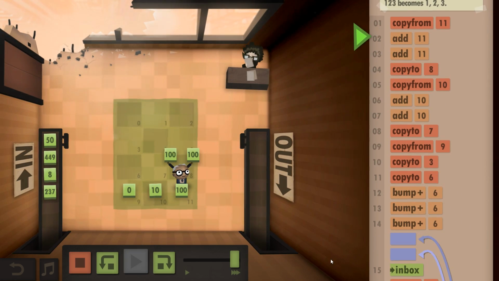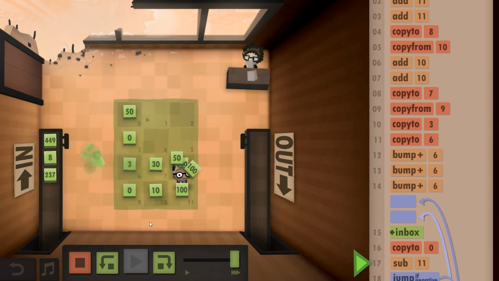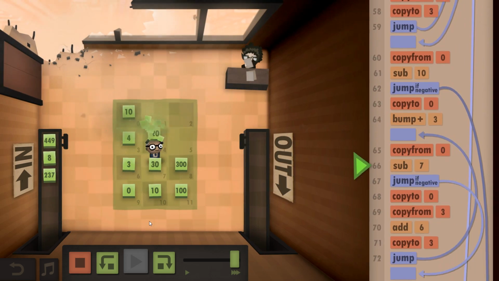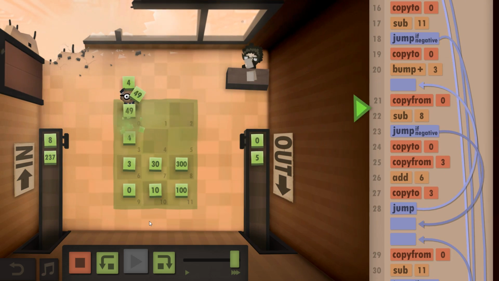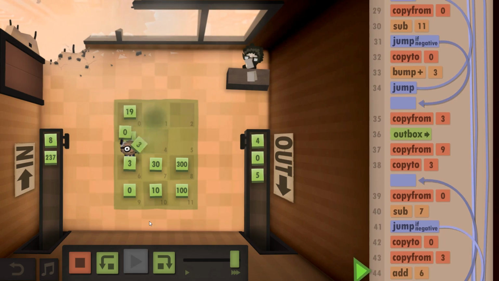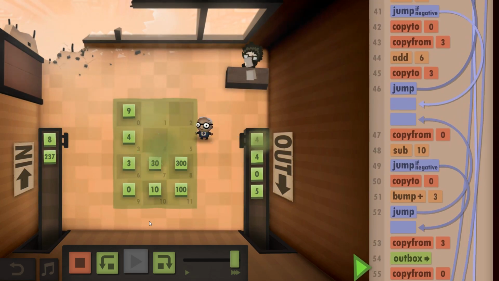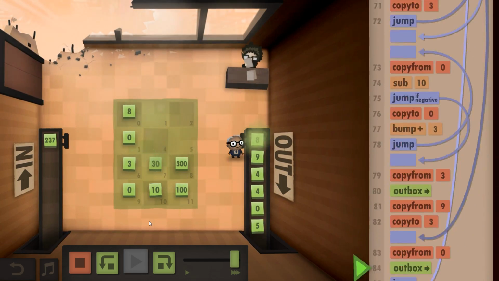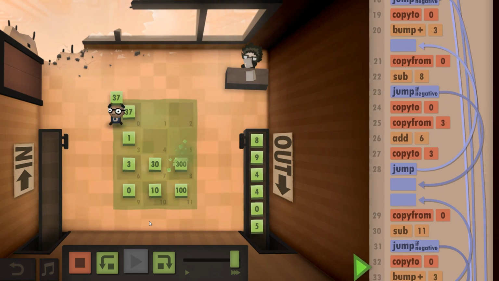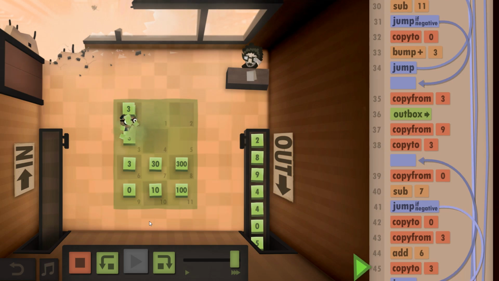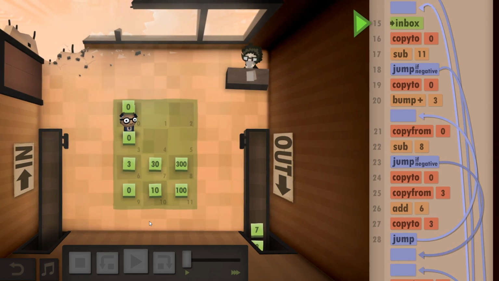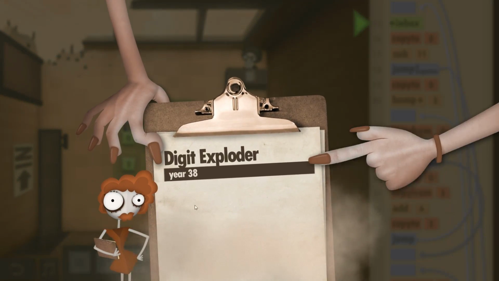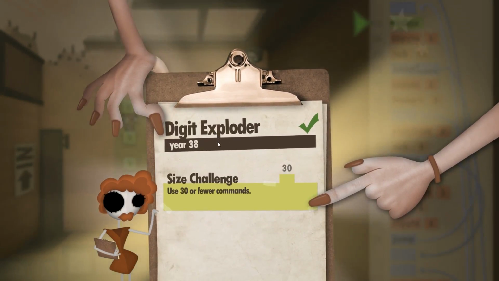Let's just run it again to see, make sure I didn't break anything, but I don't think I did. Pretty solid, I think. But not quite there, not quite there.